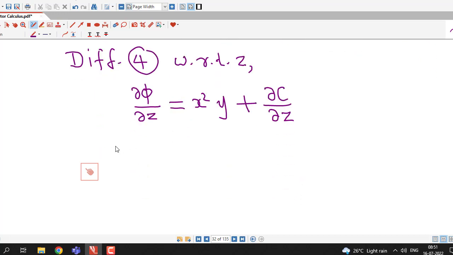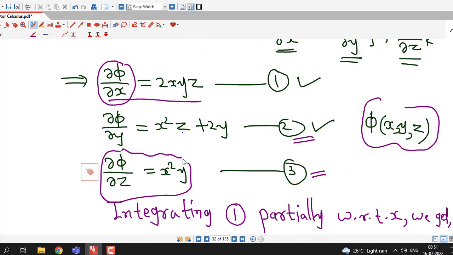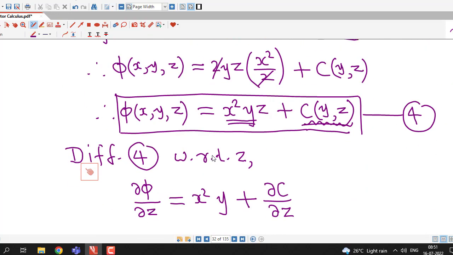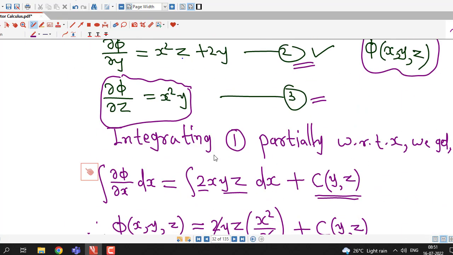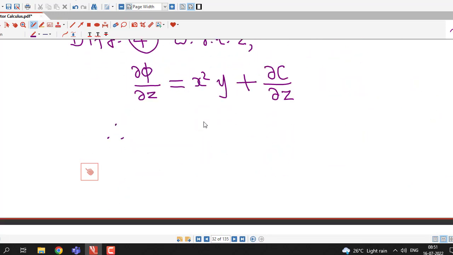And we have the value of del phi by del z that we substitute from equation number 3. So del phi by del z by equation number 3 is x square y. So here we put the value of del phi by del z, which is x square y, and that we have obtained from equation number 3.